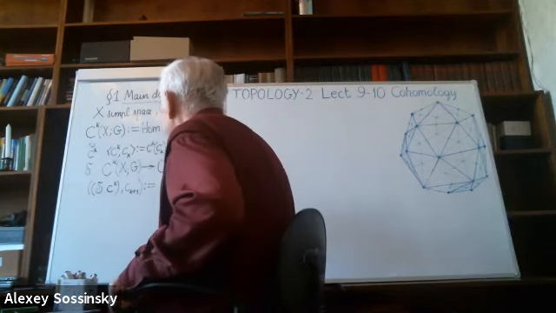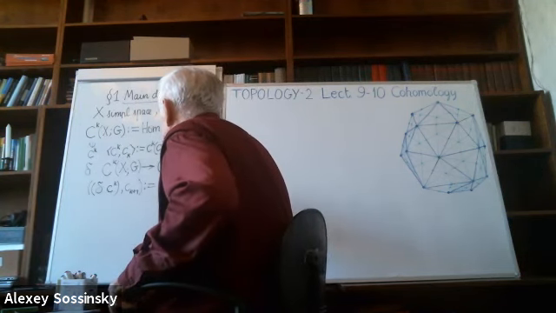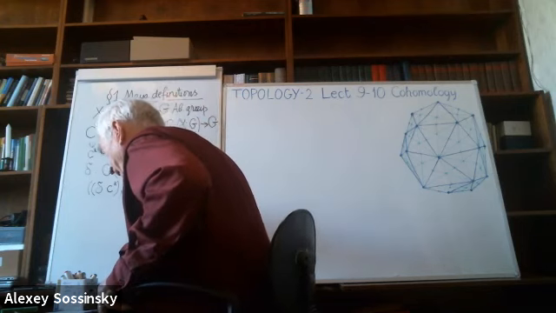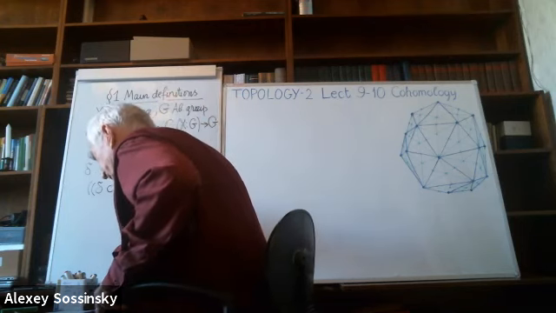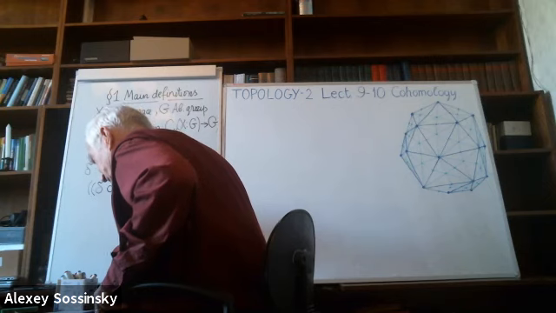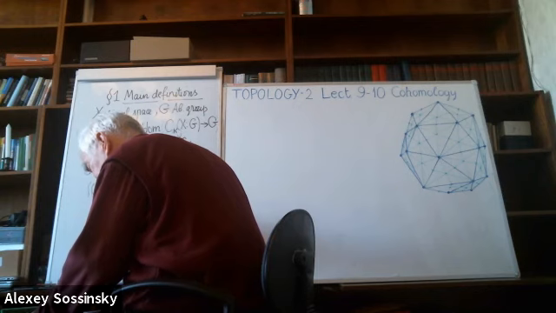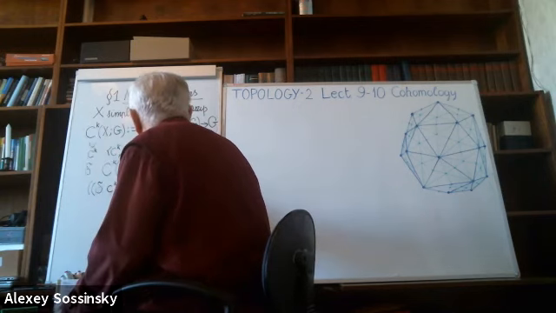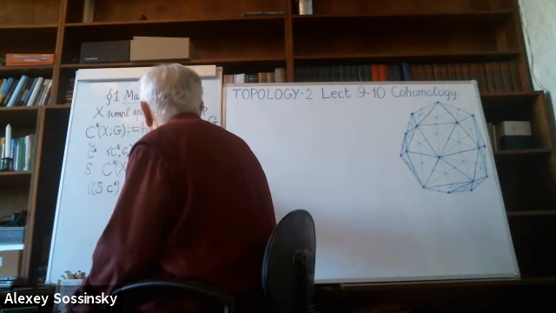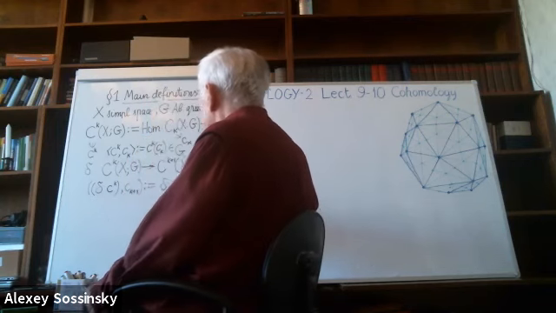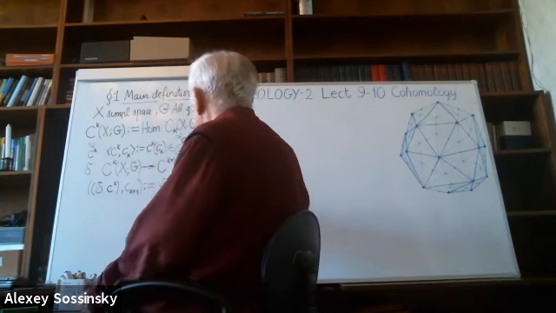We take the value of d c^k on what can it be defined on?